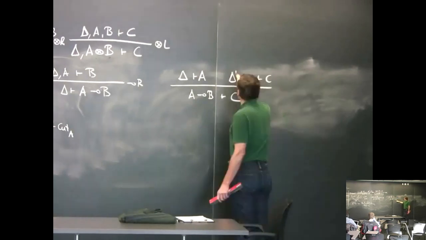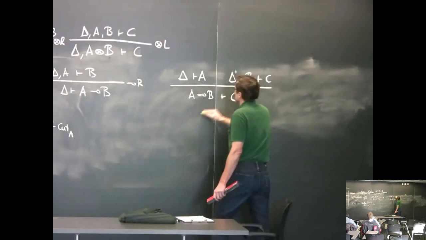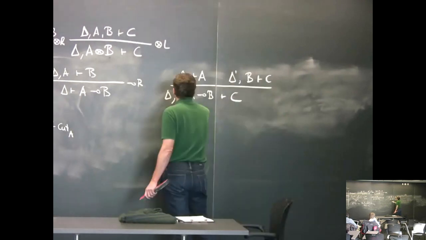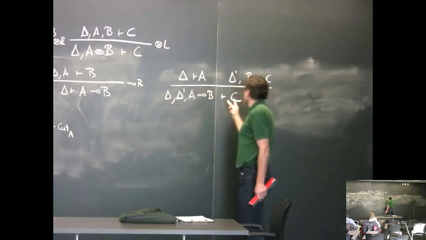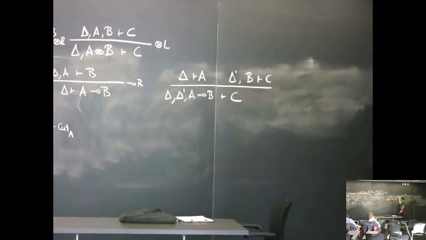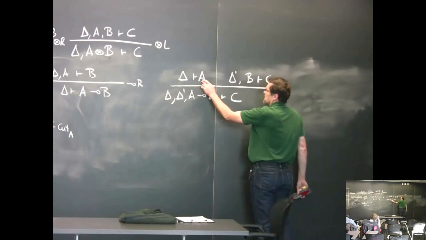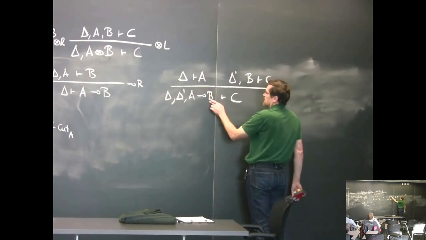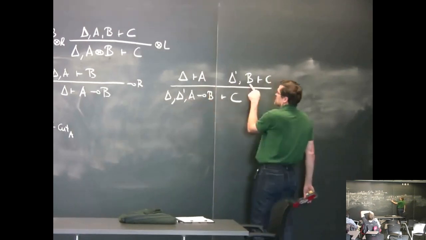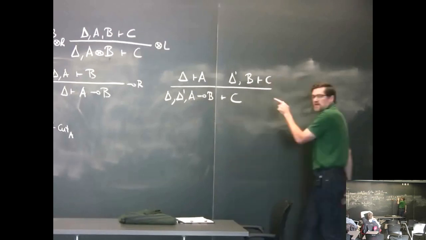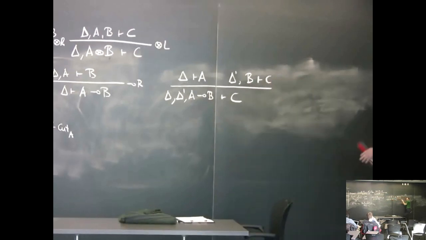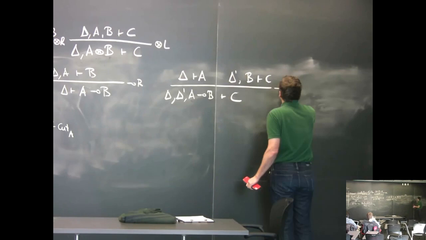Some other delta prime with B. So the remaining resources delta prime together with B. And then I need delta and delta prime together with A implies B to get C. So I use the fact that I can go from an A to a B. By getting an A, I can get from an A to a B, consuming this as part of doing that inference, and then assume the resource B into my context.